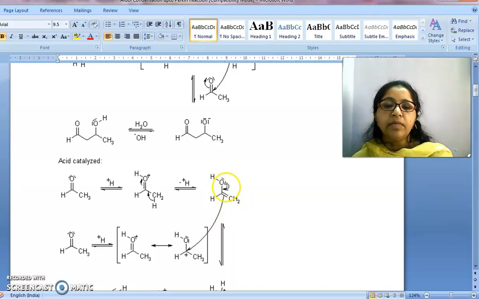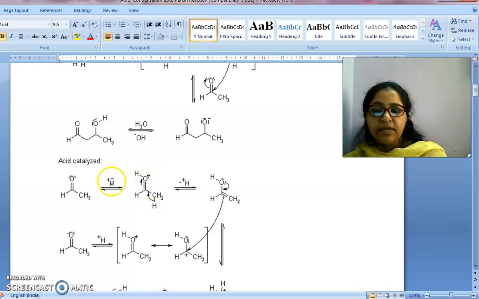Now this double bond again breaks when the lone pair of the oxygen takes part and attacks the carbon of the other molecule. There are several such molecules, you have to understand. It's not that only one molecule of carbonyl compound is getting protonated, there are several. So one of them attacks the other, and we get the addition of these two products.